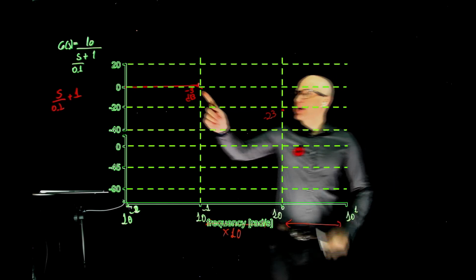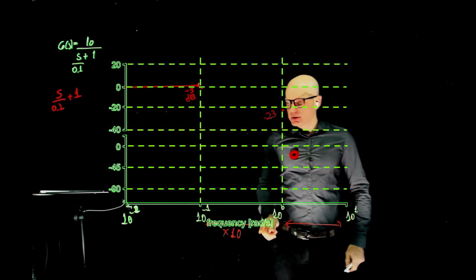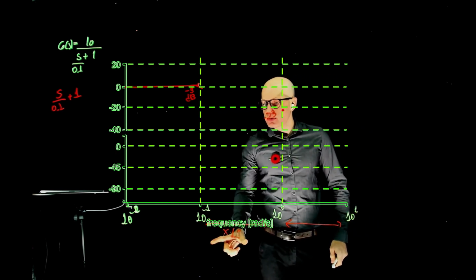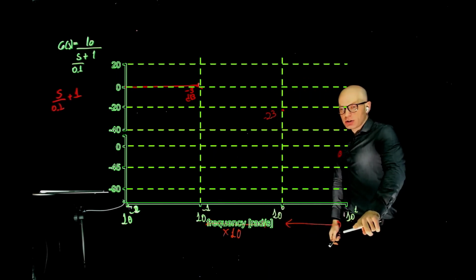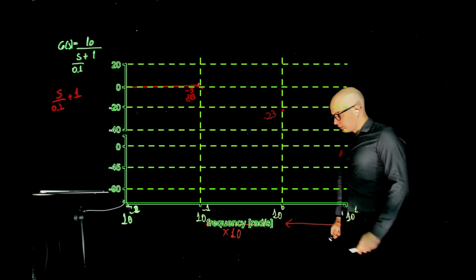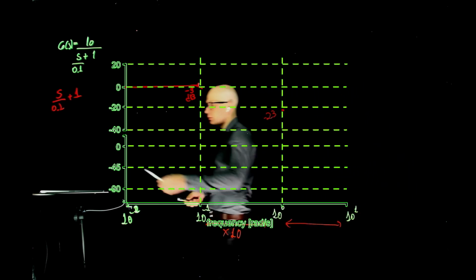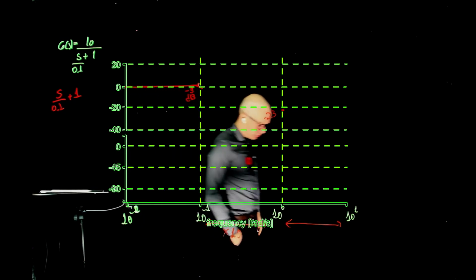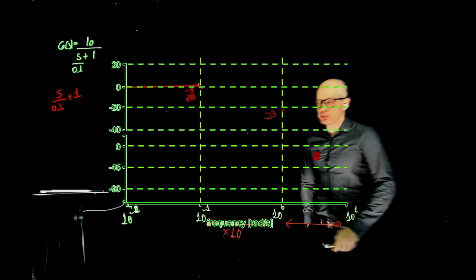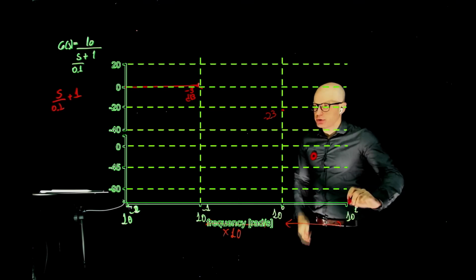Okay, so if we are at negative 3 and we increase the frequency by 10, we go down by 20, we are at negative 23. What is the magnitude at 10 radians per second? Minus 43, very good.